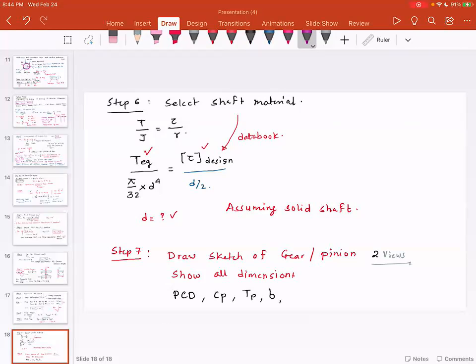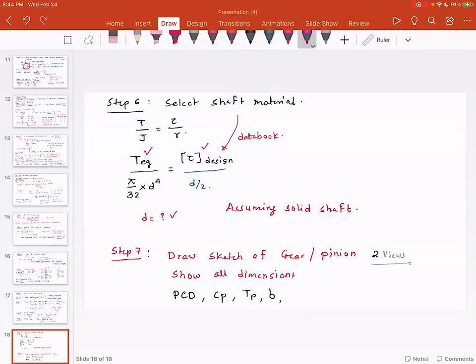So this is how gear design actually works. This process may seem involved and complicated, but please understand, this is the fundamental building block of gear design. When we follow the helical gear design and the bevel gear design, the process is going to be exactly the same. That's why we spent a lot of time on spur gear design.